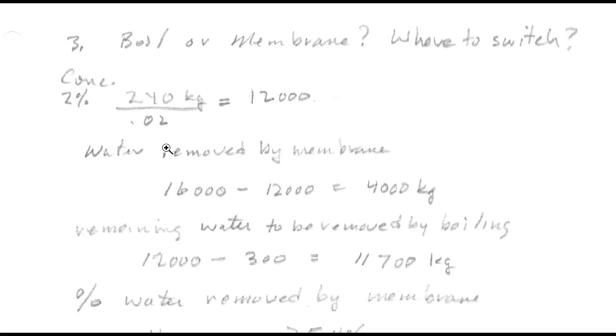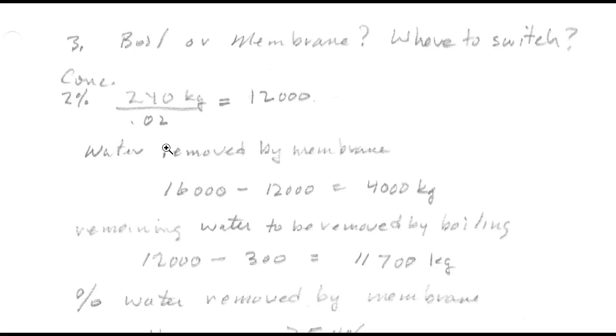But at 2%, the total amount of liquor, if you want to call it that, is now down to 12,000 kilograms. So with the membrane concentrating from just 1.5% to 2%, we've already eliminated 4,000 kilograms of boiling. So the remaining water to be removed is still substantial. 12,000 minus 300 is 11,700.